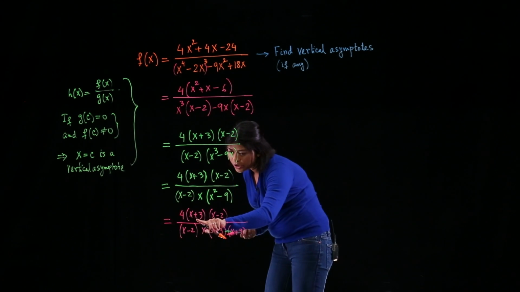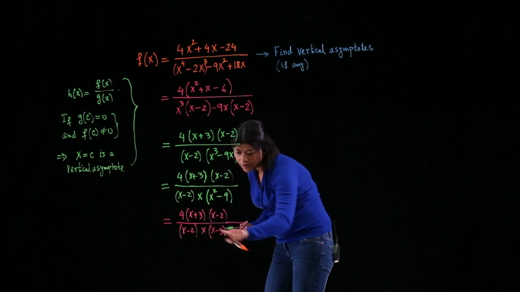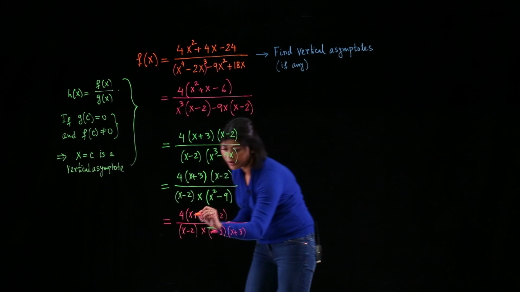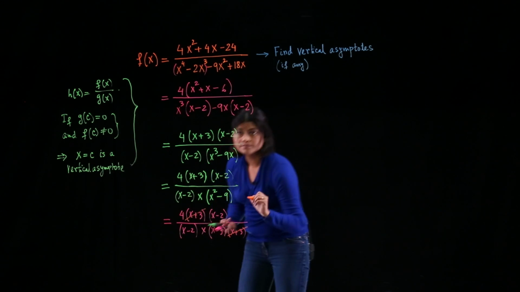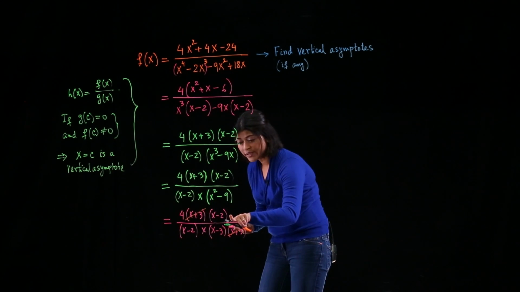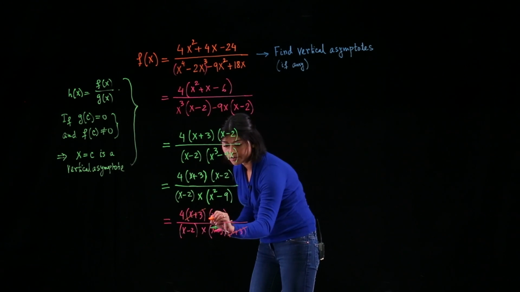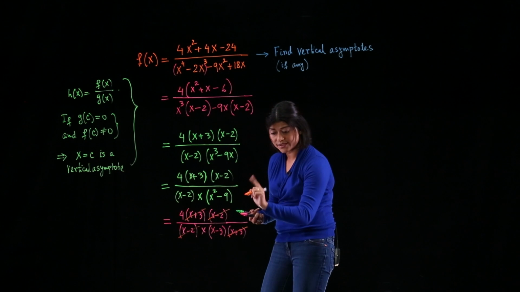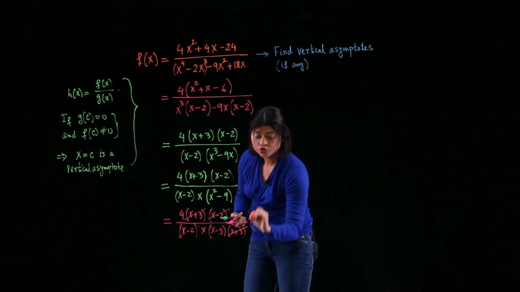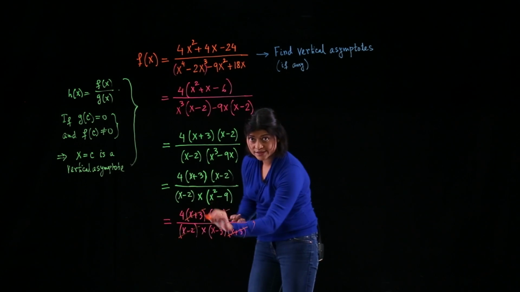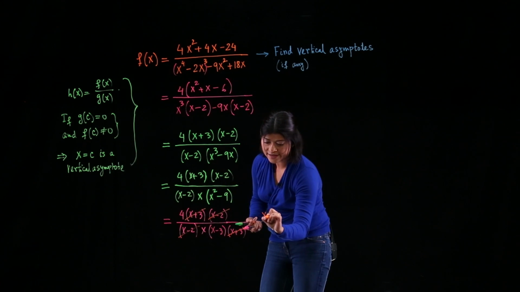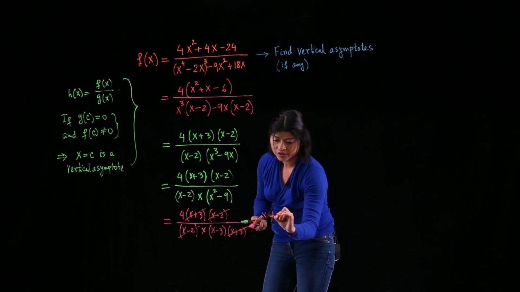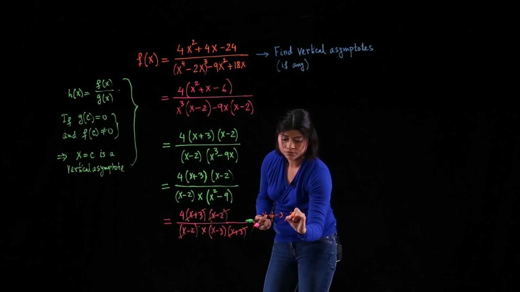So let's see. Numerator we have x plus 3. Denominator we have x plus 3. Well, let's get rid of that. Numerator x minus 2 also appears in the denominator. Let's get rid of that. Remember, when we're cancelling, we are making sure that we understand this happens when x is not equal to negative 3 and 2.